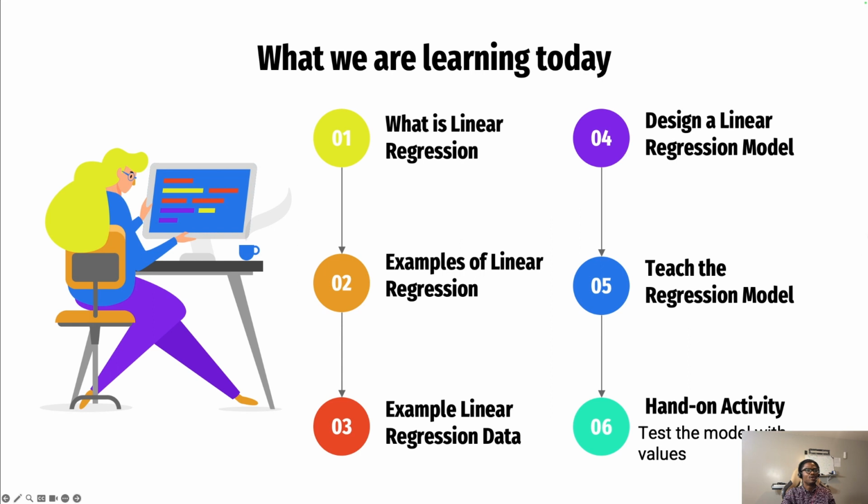In today's class, we're going to be looking at what linear regression is. We're going to be looking at examples of linear regression, and examples of linear regression data. Then we're going to design our own linear regression model. Linear regression is an AI model, so technically we are designing our own AI model today, and I think you should be excited about it.